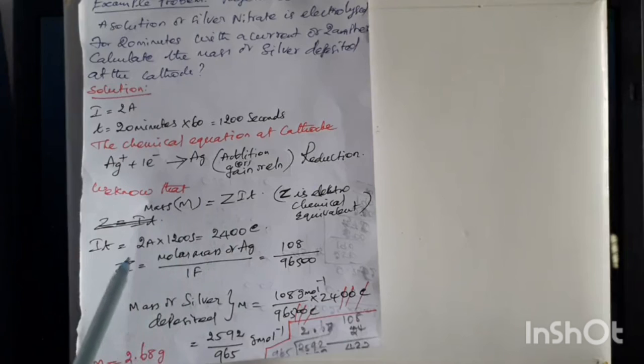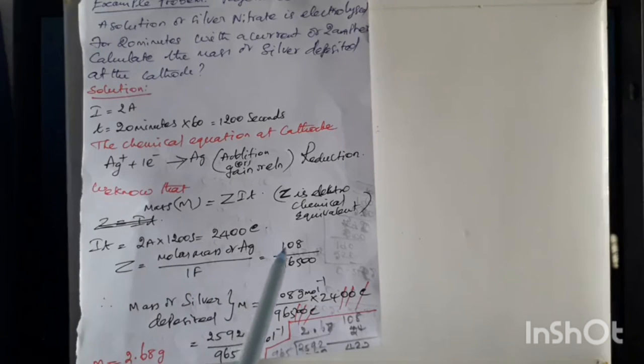It is equal to 2 amperes times 1200 seconds, which is 2400 coulombs. Now I want Z. Z, the electrochemical equivalent, is equal to the molar mass of silver divided by 1 Faraday.